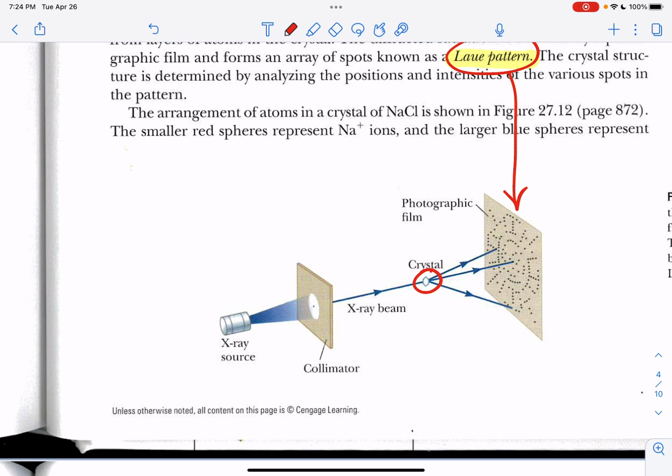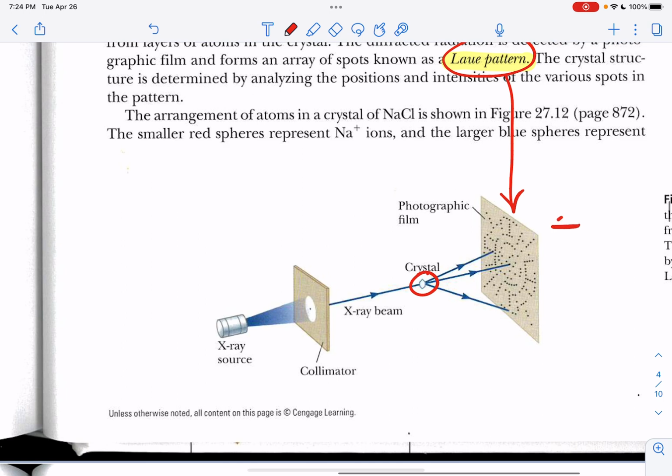And then your X-ray crystallographer, as they gain experience and become an expert, would be able to look at this photographic film and the dots that are left behind, the Laue pattern that is left behind, and identify what kind of crystal made that pattern.